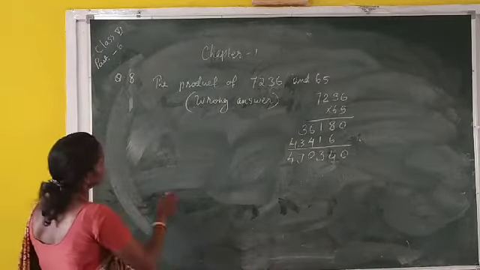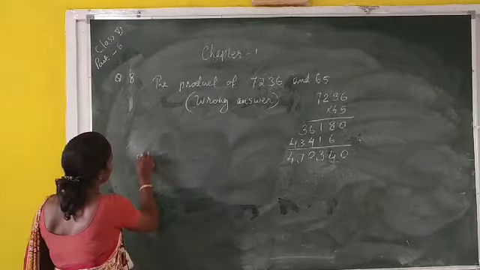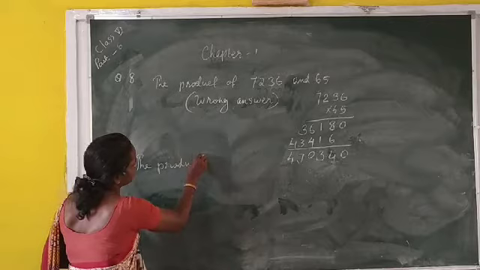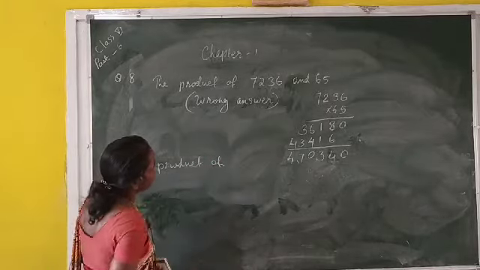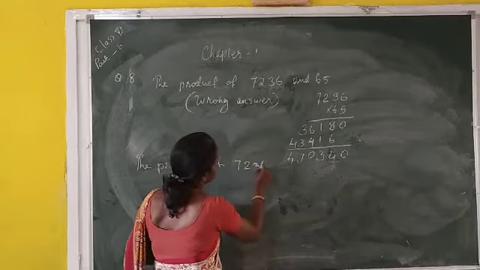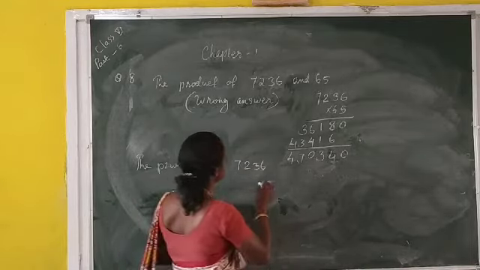And the actual correct answer, the product of which number? 7236 multiplied by which number? 56.